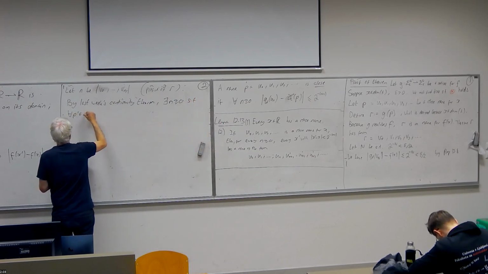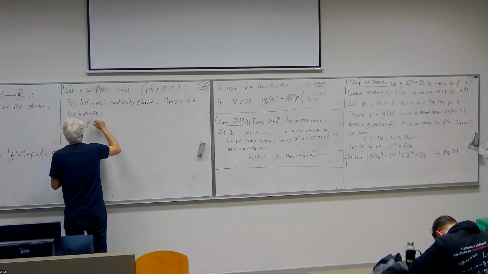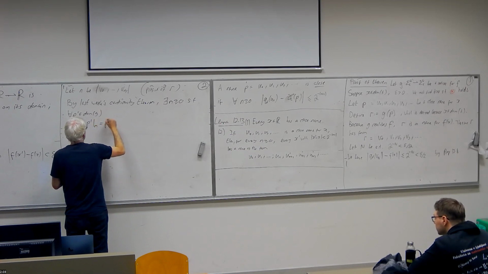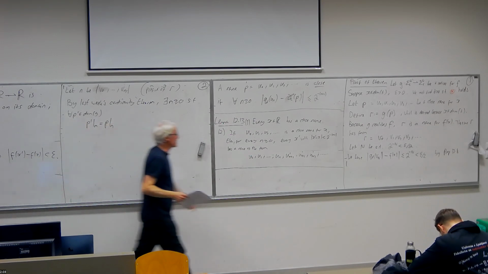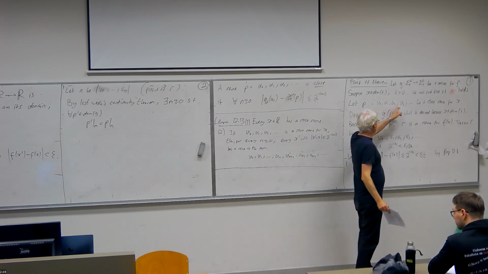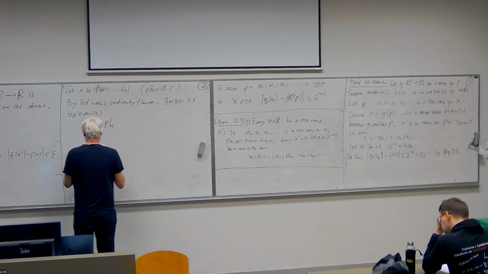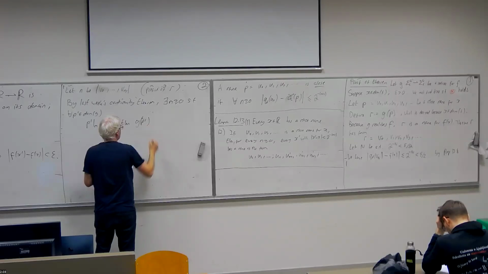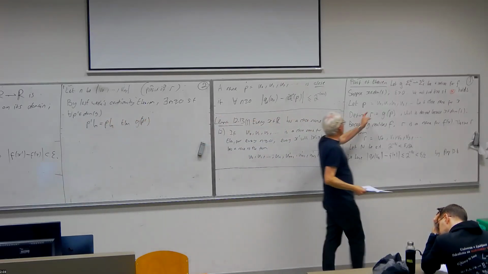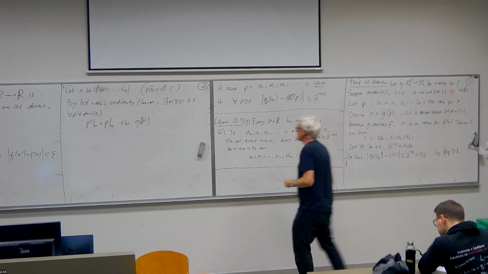p prime in the domain of G, if p prime agrees with p on the first m characters, so if p prime starts off with the first m characters, then g of p prime, we apply the function g to it, behaves on p prime just like it behaves on p, as far as the first little n characters.